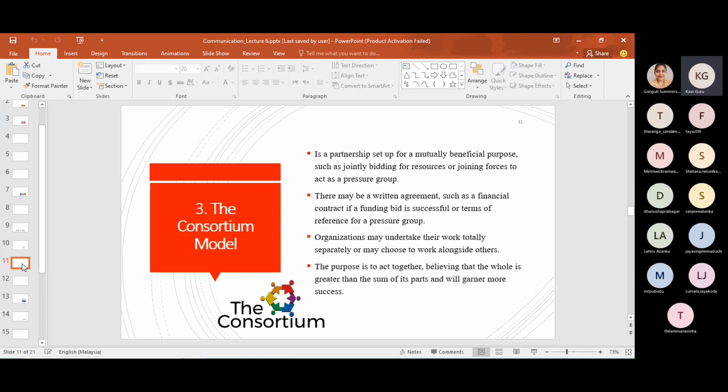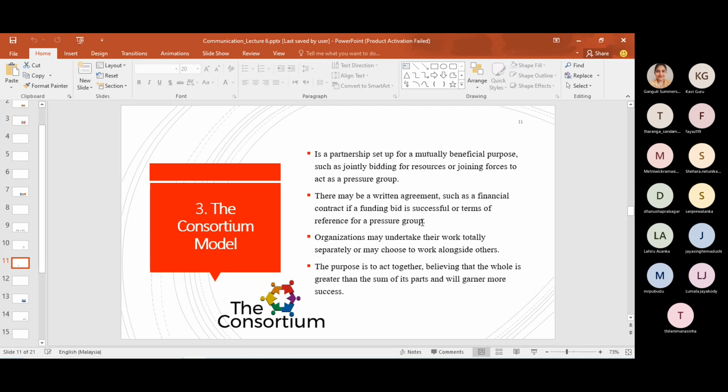All the parties in the partnership get mutually benefited. Mutually beneficial means beneficial for all of them.